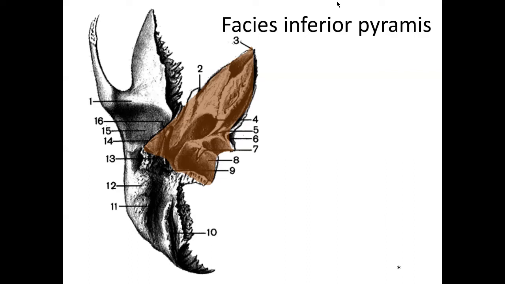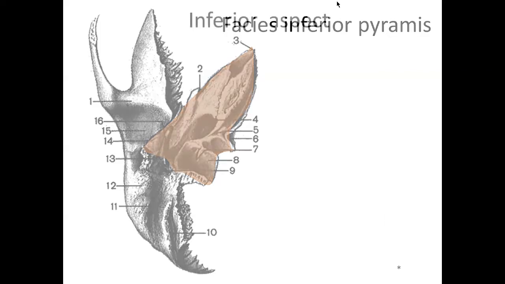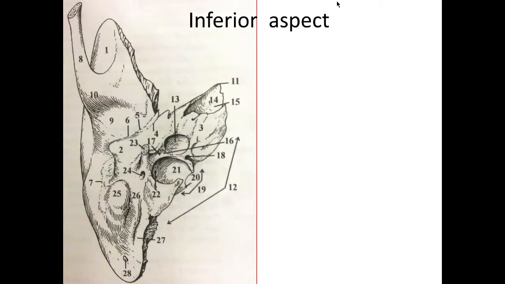And now let us use another picture to find all the details from the inferior aspect of the temporal bone. First of all, this number 25, processus mastoidus. Then number 23, processus styloidus.